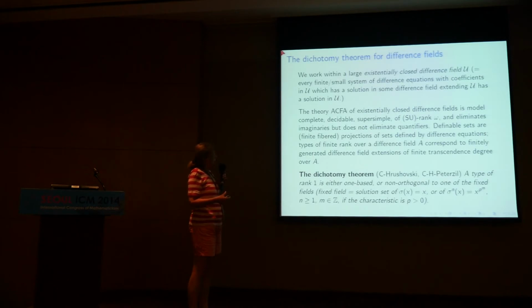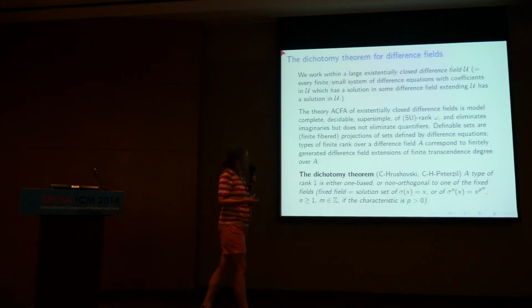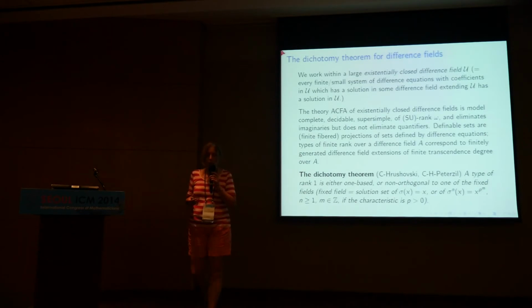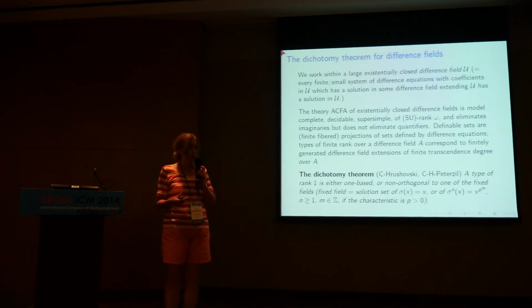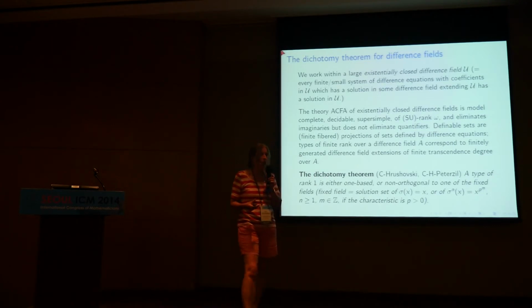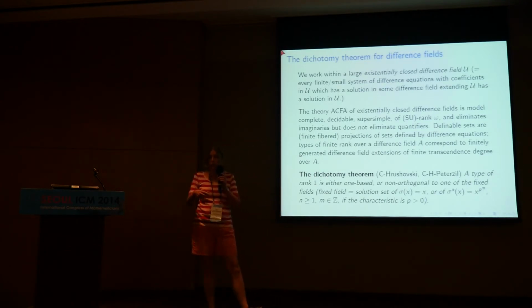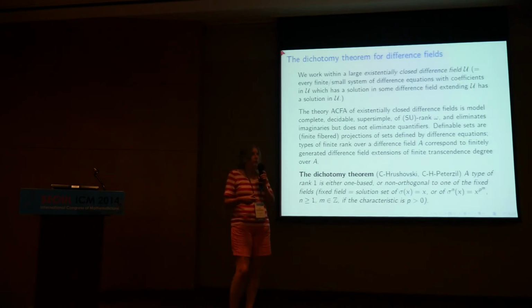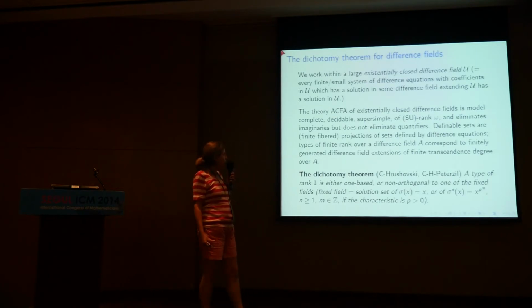Okay. Right. So the theory is what's called super simple. It has large rank. In other words, if you take an element A such that A, sigma of A, sigma square of A, and so on, are all algebraically independent over the ground field, then you're going to get something which is complicated.